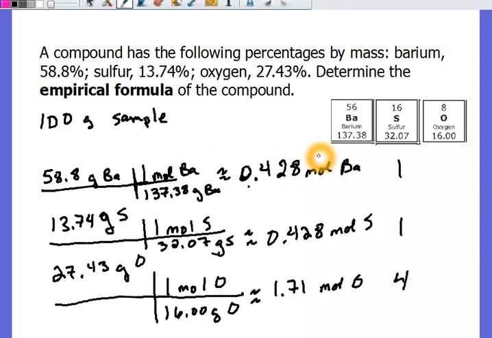So this tells me my empirical formula for this sample, I'm going to take my answers from when I divided all those by 0.428, right?